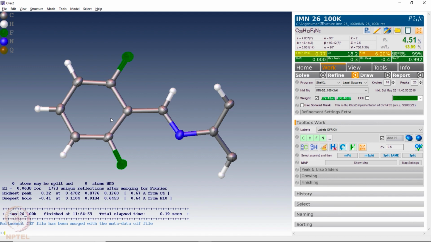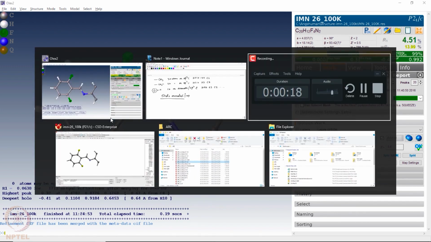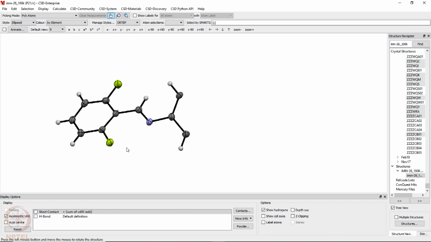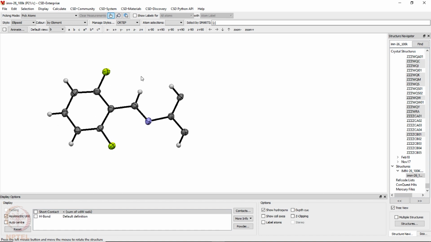If we want to visualize these structures and generate the packing diagram and geometrical parameters, one can use a software called Mercury, which is available free of cost from CCDC in a particular version, and the full licensed version is available with the Cambridge Structural Database subscription, which is a paid version of the software.